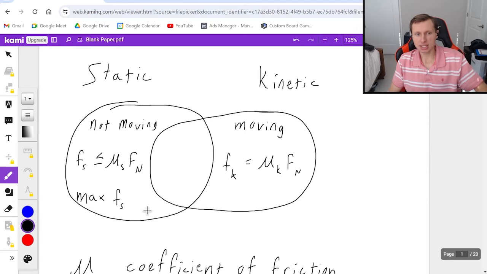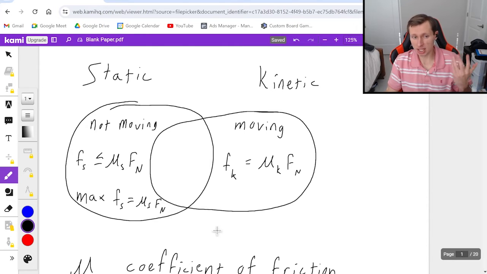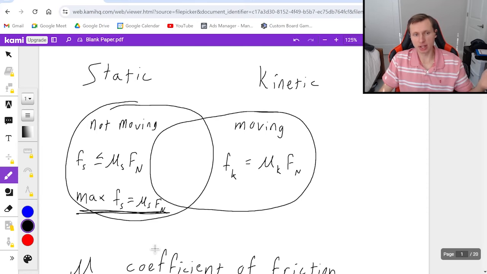In that case, that is the only time you get to say it's equal to. And when I say max, I'm saying if you push any harder, we're starting to move. That's the only time static friction force equals coefficient times normal force. For that reason, 90% of problems using static friction are going to use this equation, looking at the max. And we'll look at some example problems in later videos discussing more specifically what that means.